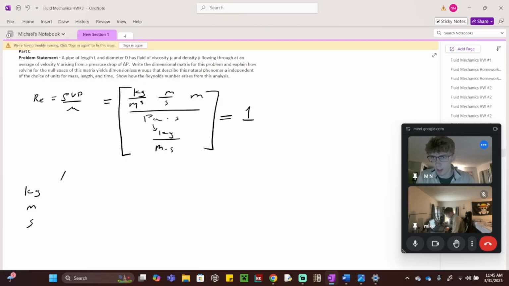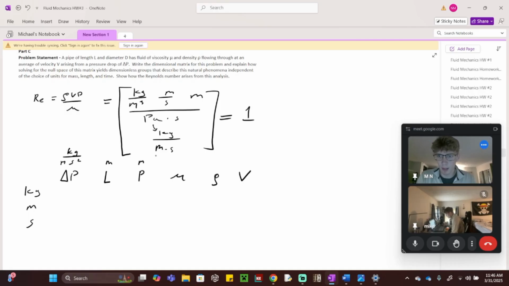So we have our pressure drop, our length, our diameter, our viscosity, our density, and our average velocity. And the way we're going to fill this out is based on the units of each of these. So our units of pressure are kilogram per meter second squared.